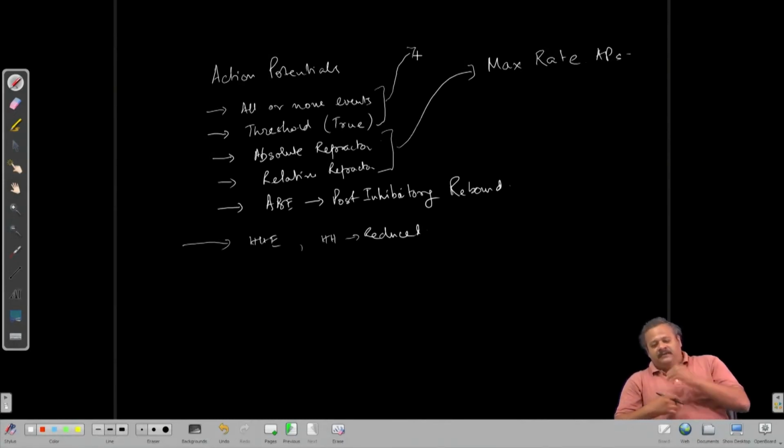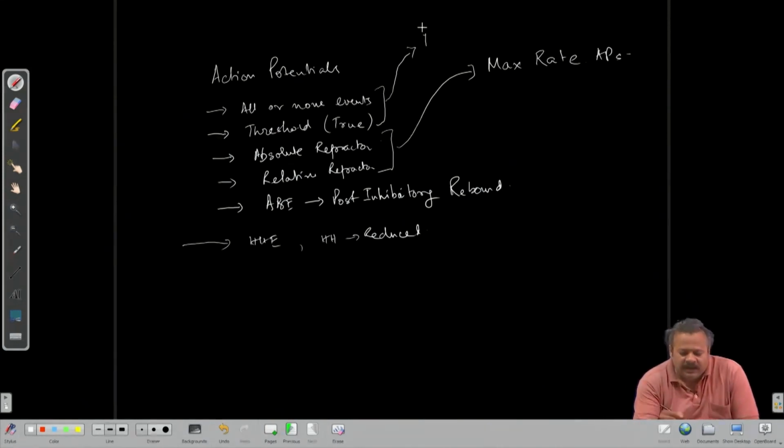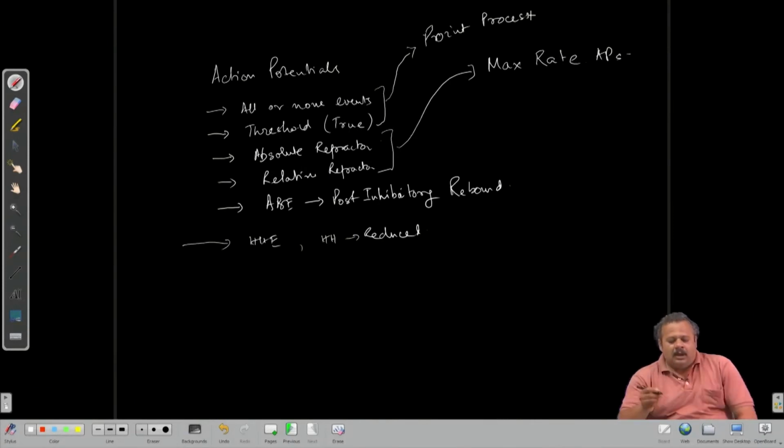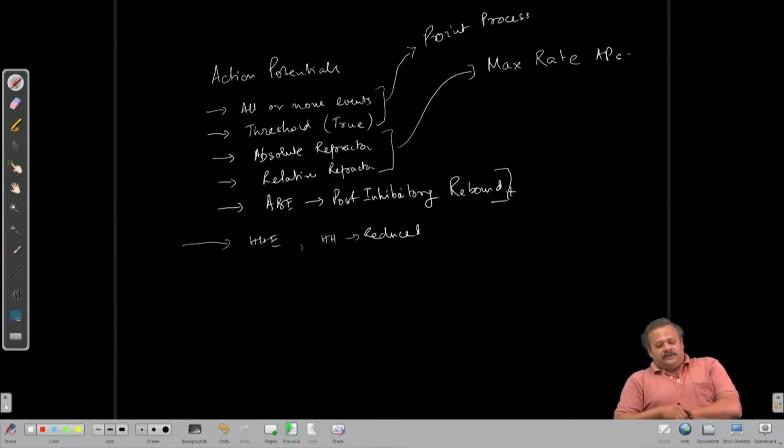So the size of the action potential would not matter, but they will be simply dots or events in time, and so that tells us that we can have action potential trains to be modeled as a point process. And this, of course, we have already mentioned the post inhibitory rebound in terms of stimulus off periods and so on.